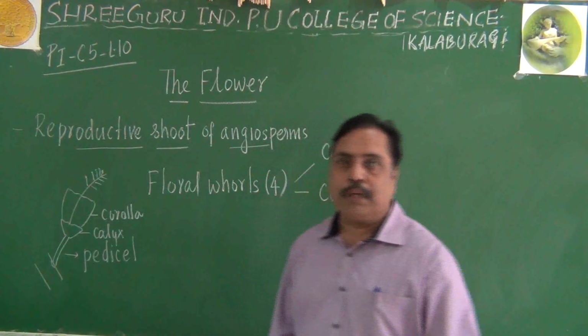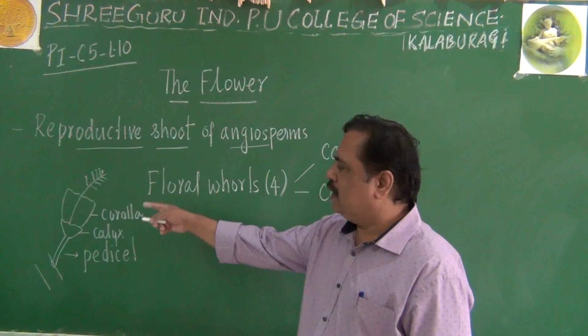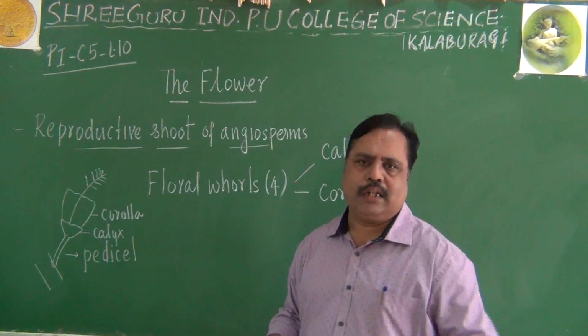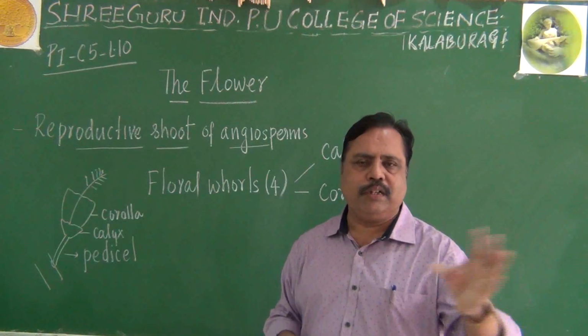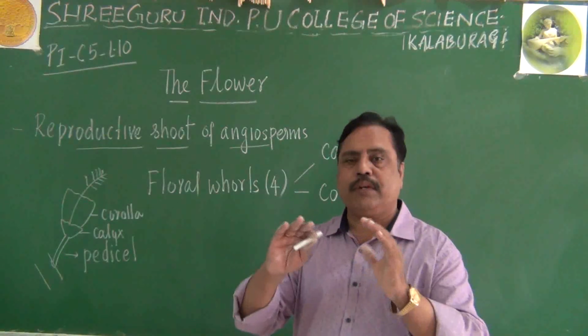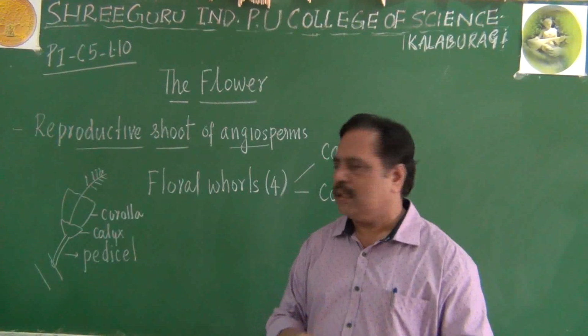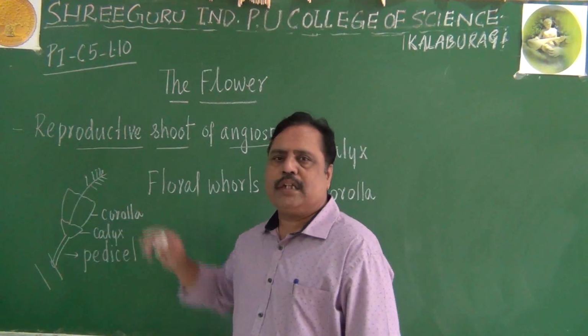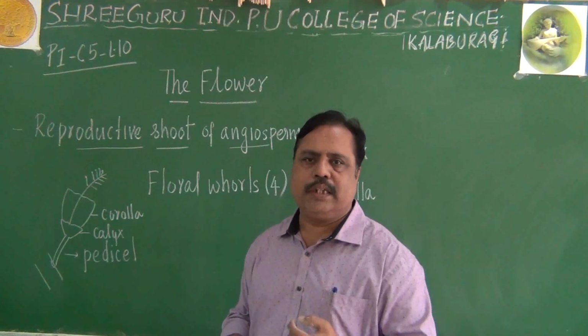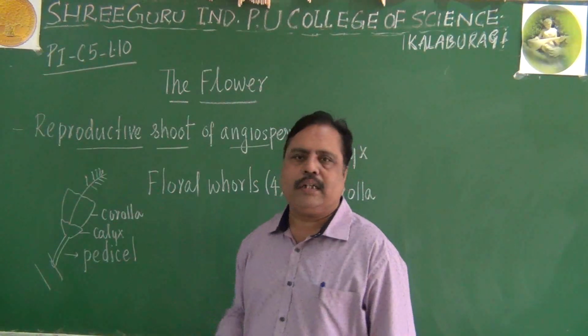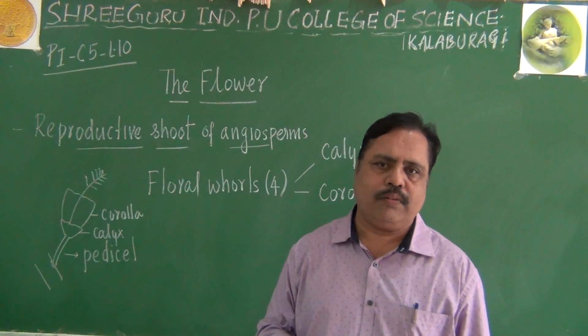In hibiscus, it is red in color. In rose, it may be pink. In jasmine, it will be white. So different flowers have different colors. Why? Because of the nature of the corolla, which has pigments in it that give the characteristic color for that particular flower.